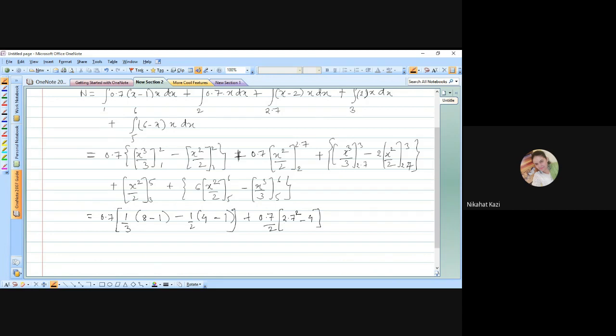What is 2.7 square? 7 nines are 63, so you can write 7.29. Next, just break it up and find out.